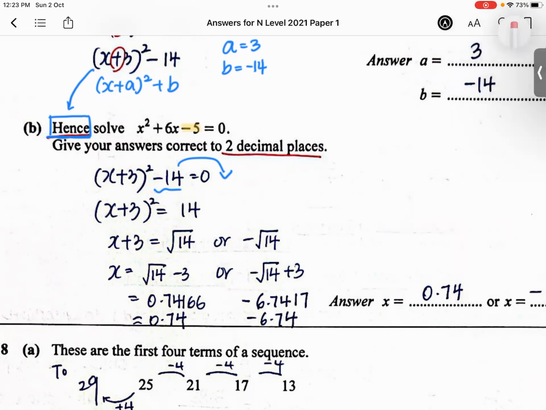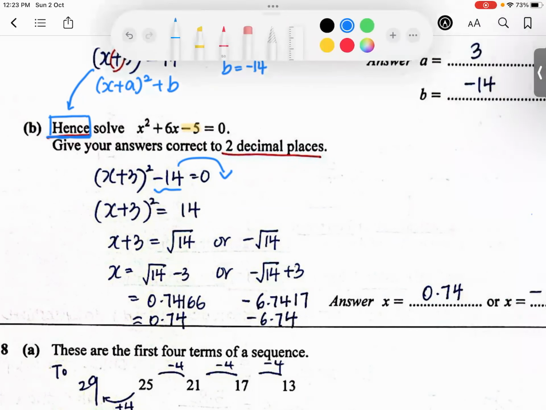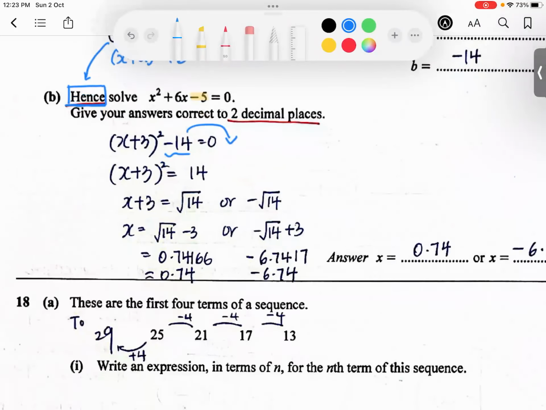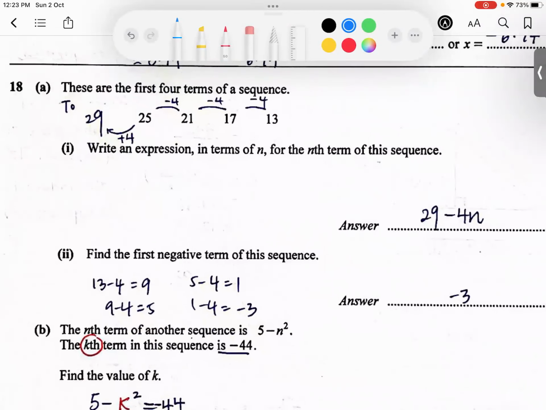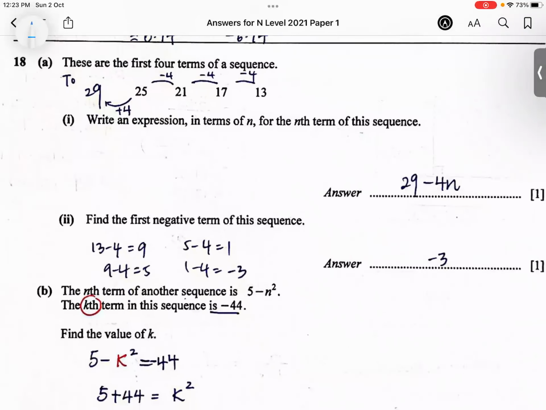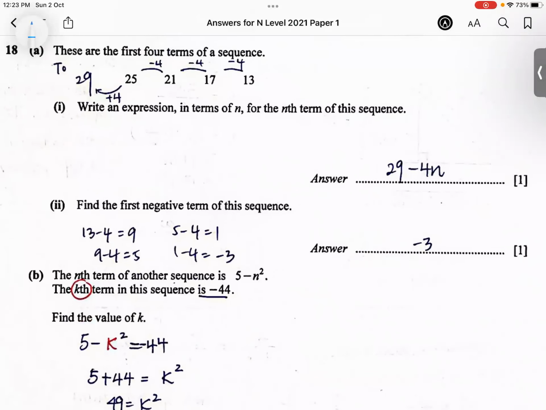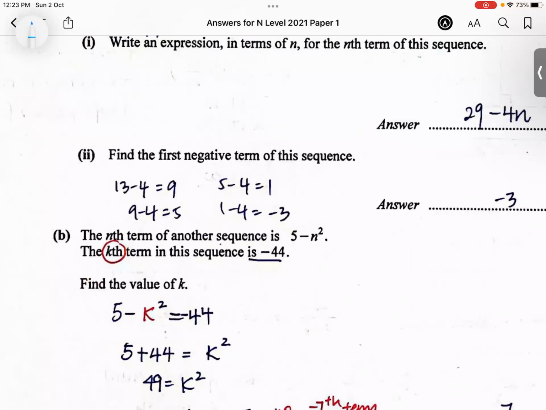Next question. These are the terms of a number sequence. I think you should know how to do number sequence, so I shall not explain again. I'll let you work out the number sequence on your own. Check this one here just to highlight.